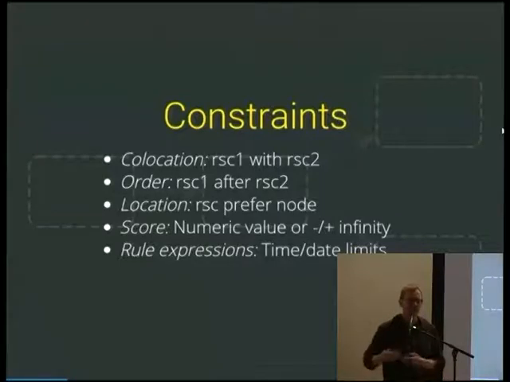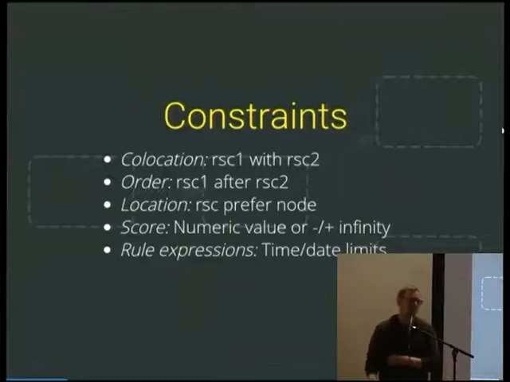That's basically a numeric value that doesn't have any particular meaning in itself, other than that positive or negative infinity means it really has to apply. So it forces the constraint, so it's a hard constraint. Any other score depends on the other scores you assign to other things, so it's a relative measure, so there's no generic way of stating that.